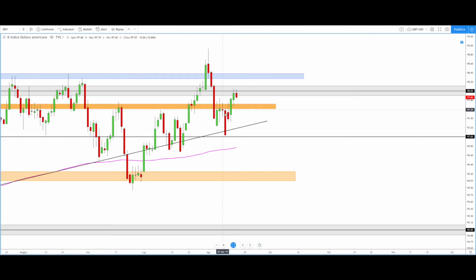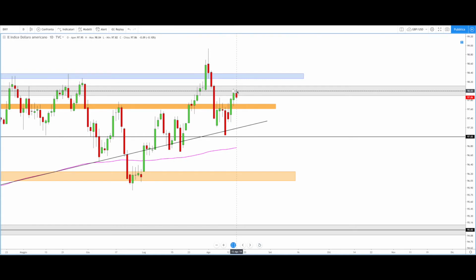After this massive bearish candle, the price opened the wick here another time above this bullish trend line, and we can see that from this point the price started a bullish movement that brought the price another time just a few pips below 98.